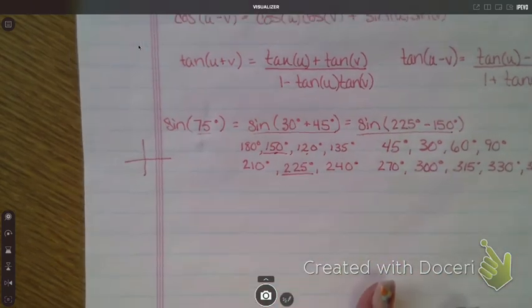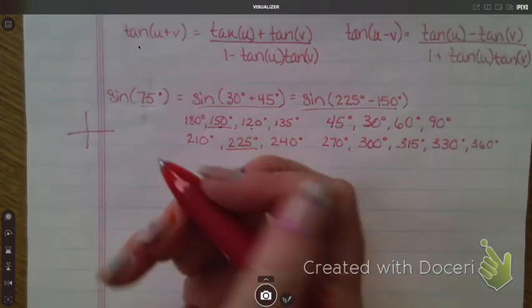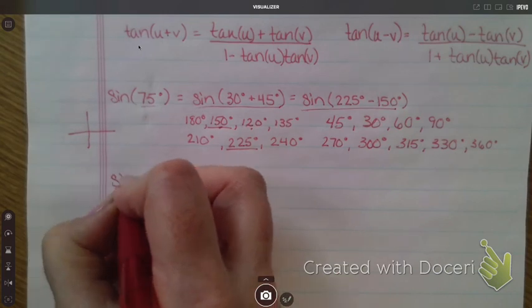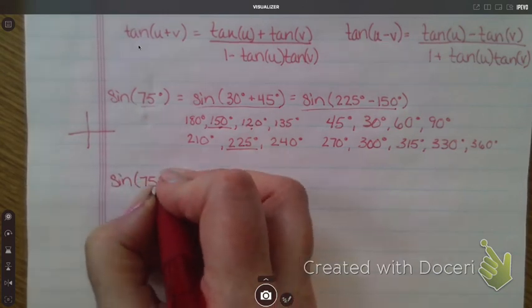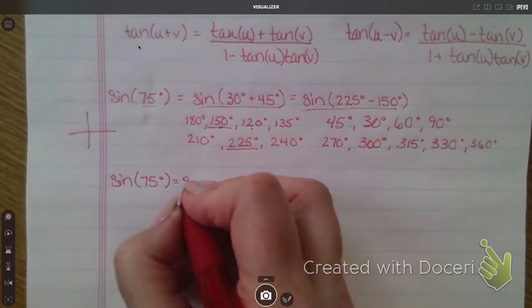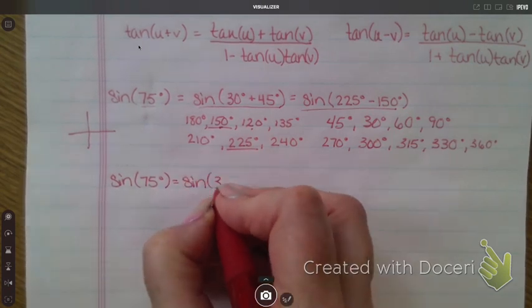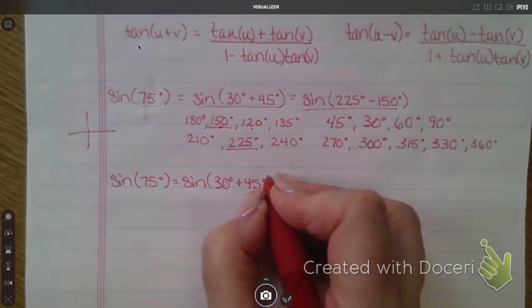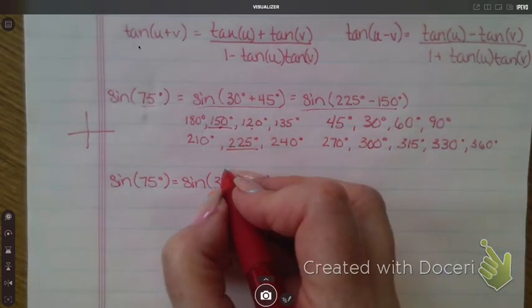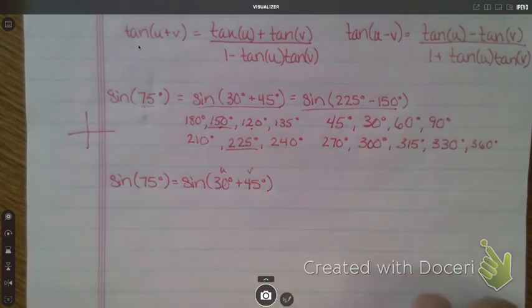Okay. Sine. So I have sine of 75, and this is how I want you to write it on your paper, equals the sine of 30 plus 45. Could I put 45 plus 30? Yep. So this is my u, this is my v.